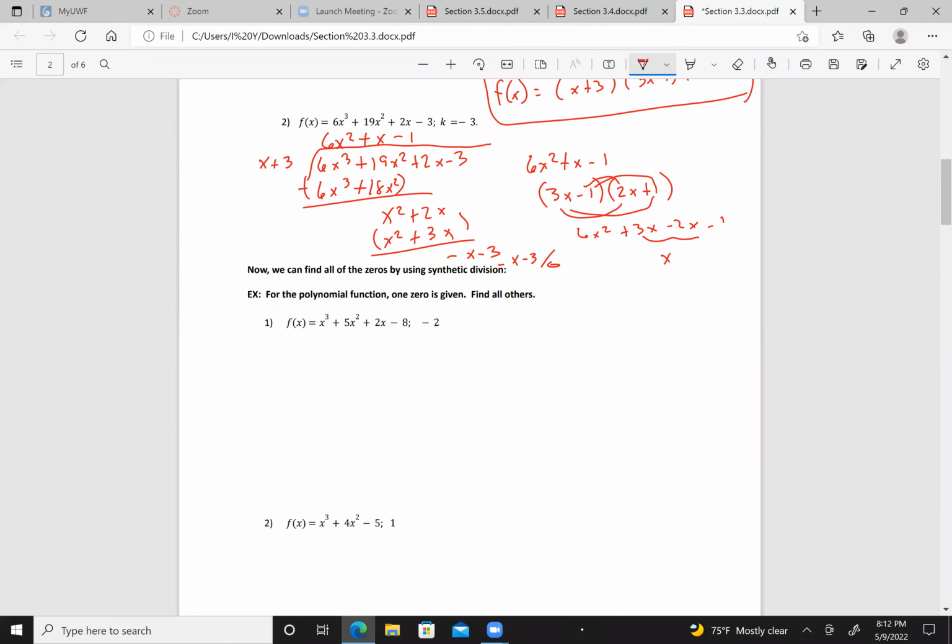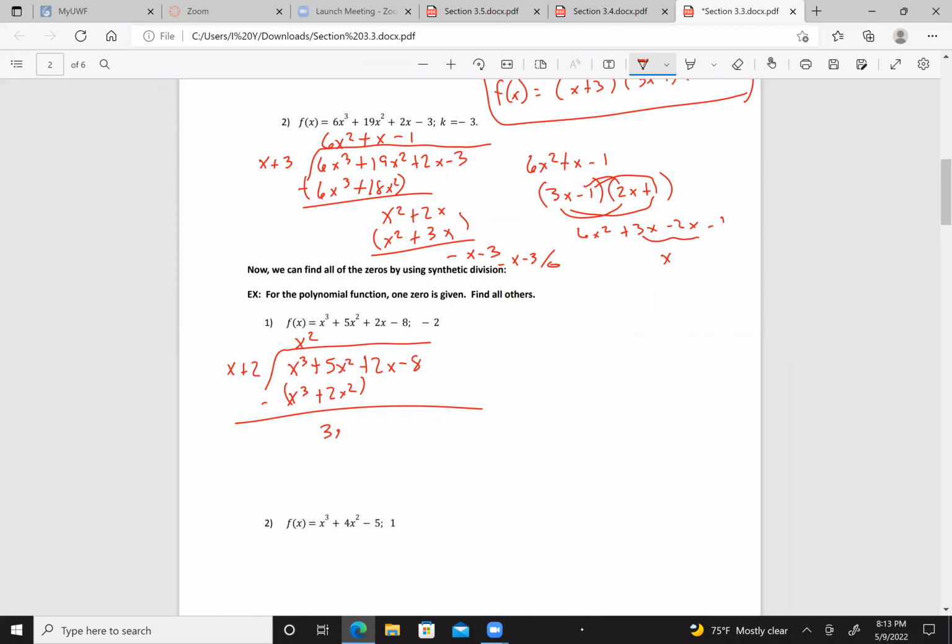So again, the polynomial function when a zero is given, find all the others. So again, I have x cubed plus 5x squared plus 2x minus 8. And I'm saying k is equal to negative 2, so it's x plus 2. Now this is x squared, which gives me x cubed plus 2x squared.